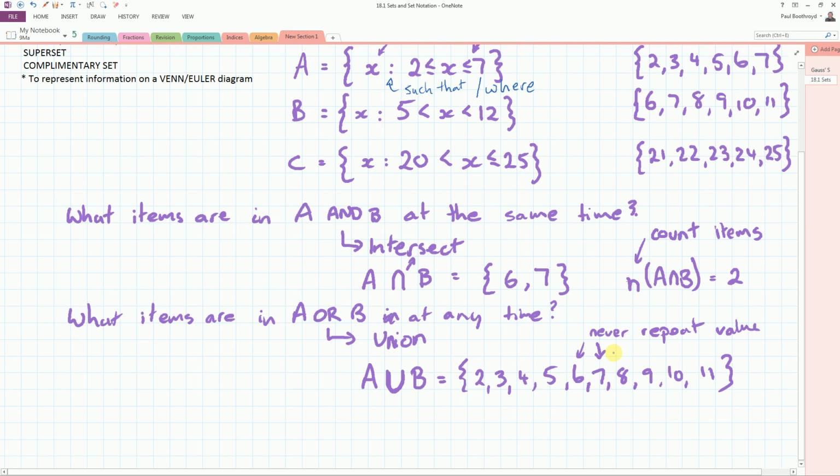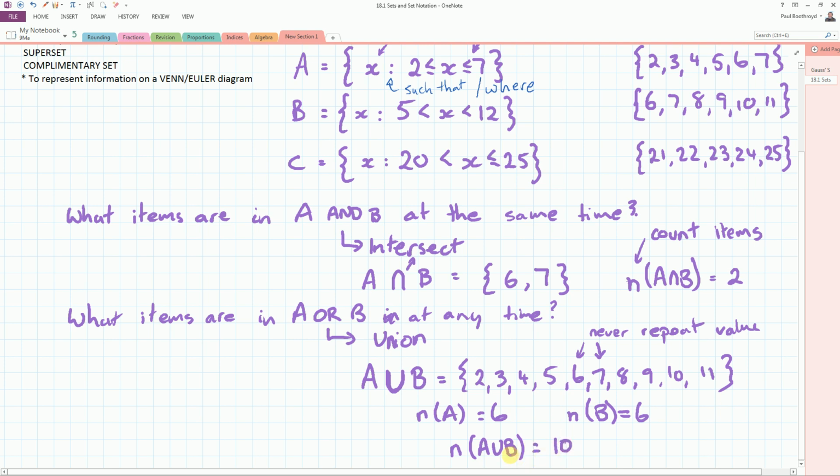Okay, so if you do N of A intersect B, there's only 2 items in there. If we do the union, so if we actually count the number of items in A, 2, 4, 6. Number of items in B, 2, 4, 6. The number of items in A union B is not 12, it's 10.